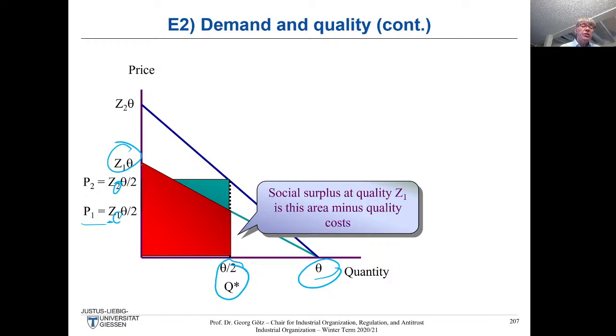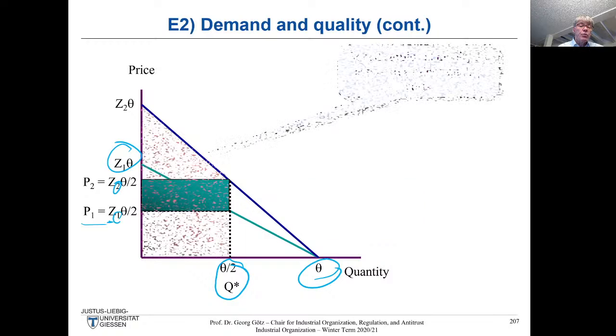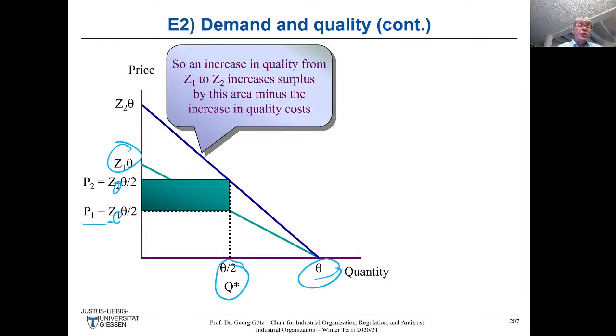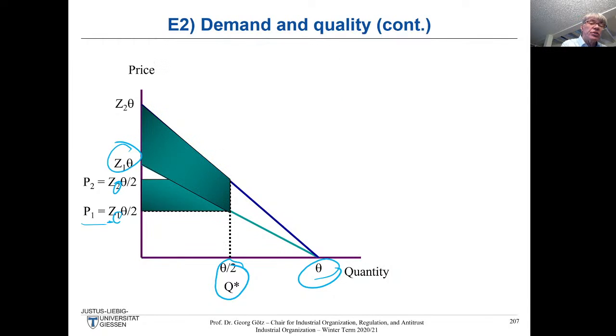And what we see here is gross consumer surplus. This is gross consumer surplus, or welfare, in the situation in which we provide low quality c1. Now, if we provide the high quality c2, this is the gross consumer surplus, and the change in gross consumer surplus is just this green trapezoid.